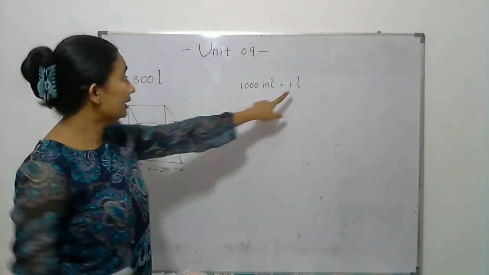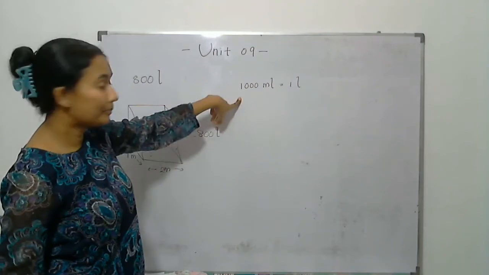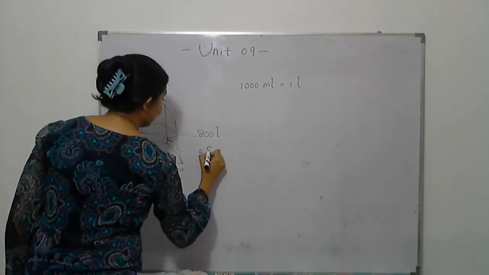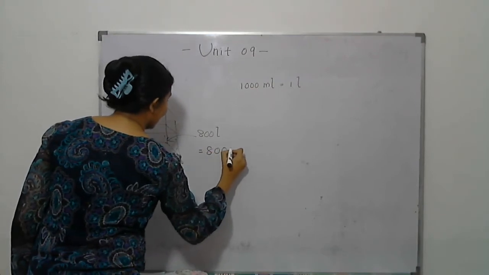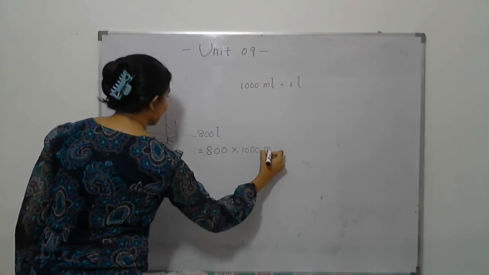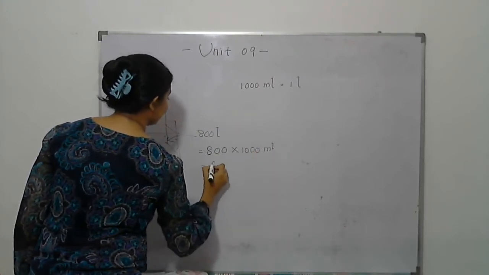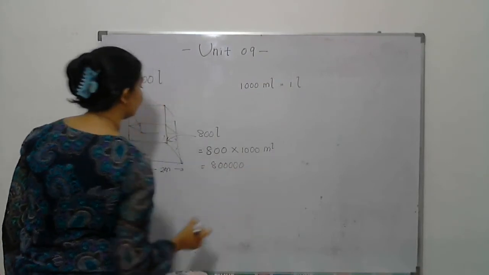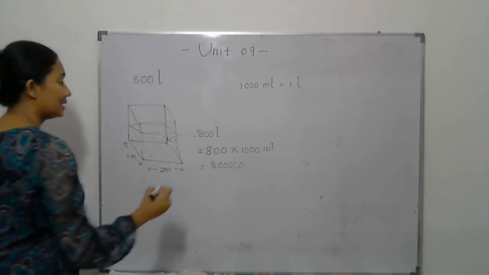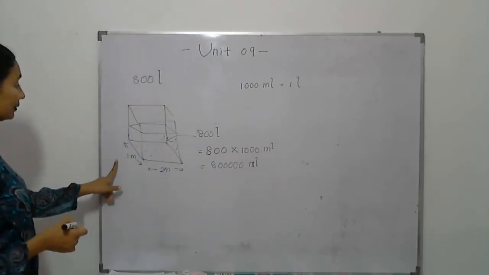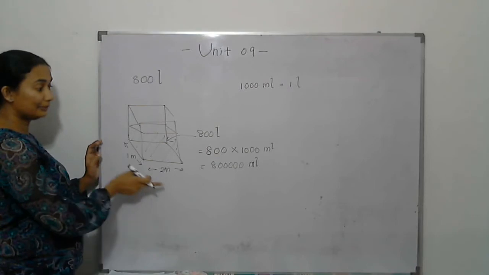Therefore, to convert liters to milliliters, you have to multiply this by 1000. Then 800 multiplied by 1000 milliliters. Then 800,000 milliliters. Now we know the length and breadth in meters.